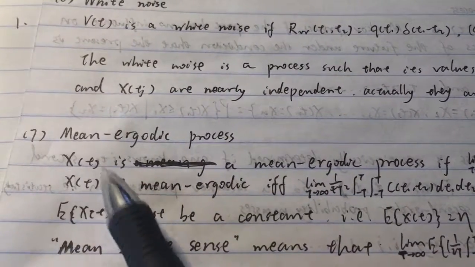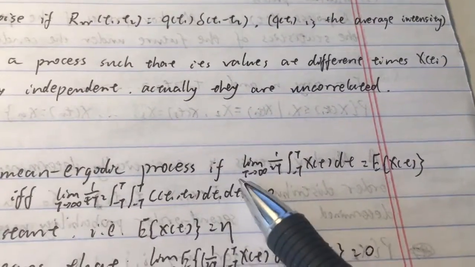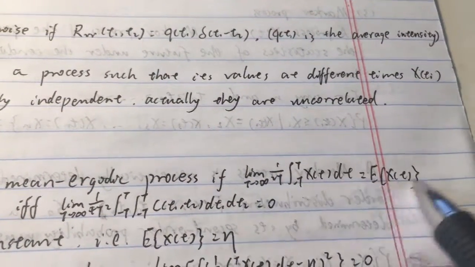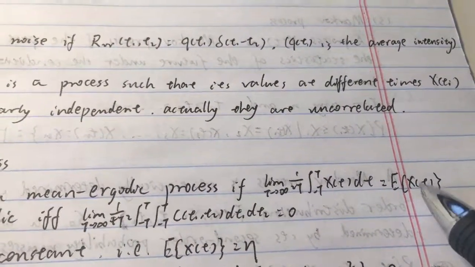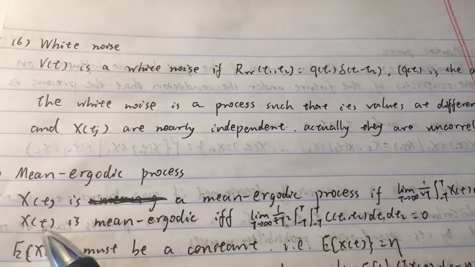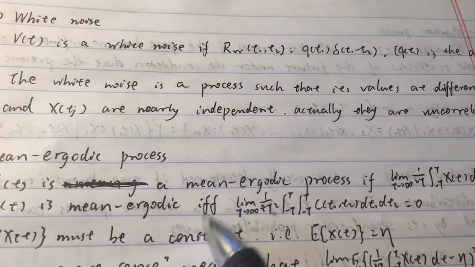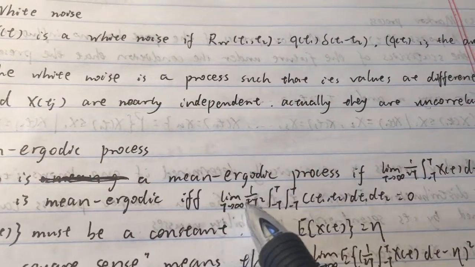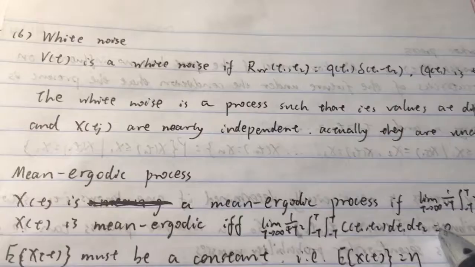So now finally, we are at the mean ergodic process. We define a process x(t). x(t) is a mean ergodic process if the limit as t goes to positive infinity of this guy equals the expected value of this process. That's the definition, and the condition for the process to be mean ergodic is that the limiting value as t goes to positive infinity of this form equals 0.